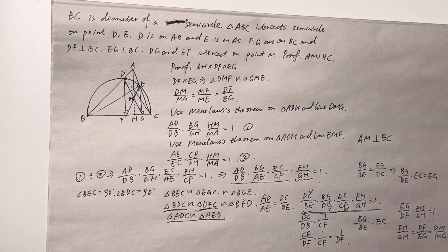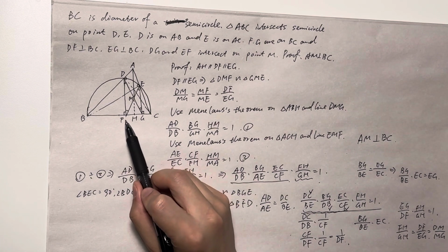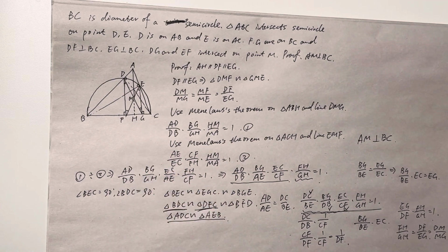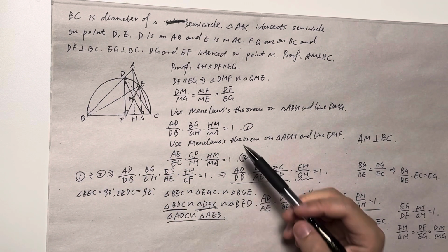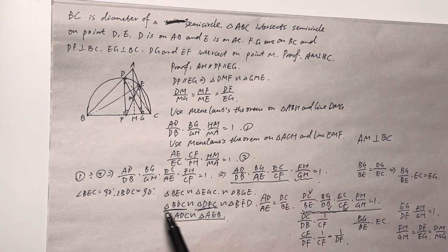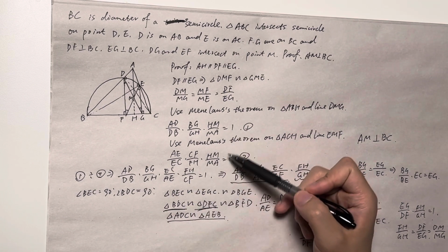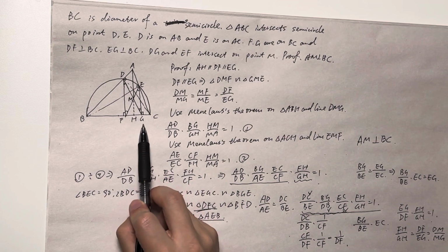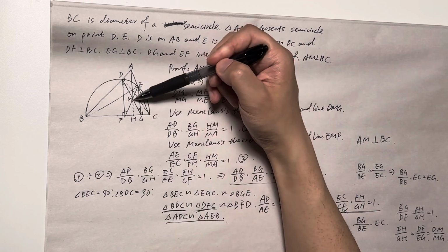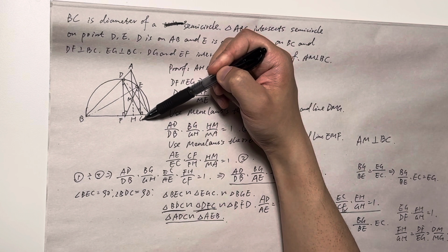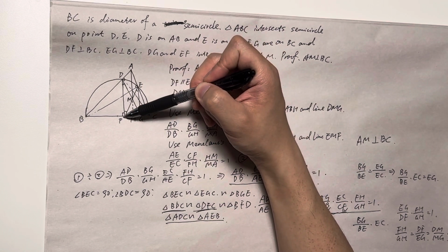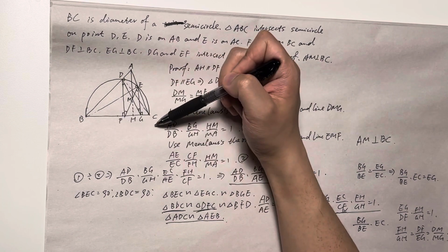Then we can use Menelaus theorem to make the segments FH and HG appear in the equation. And then we use these two equations to find the ratio of FH to HG and prove it equals DM to MG, where we can prove that MH is parallel with DF, so AM is perpendicular with BC.